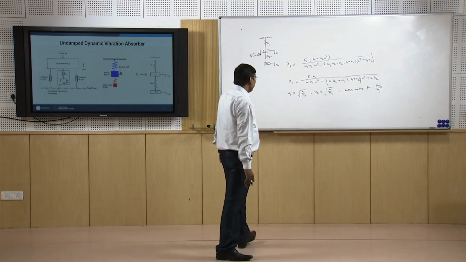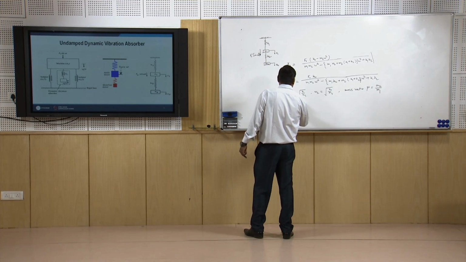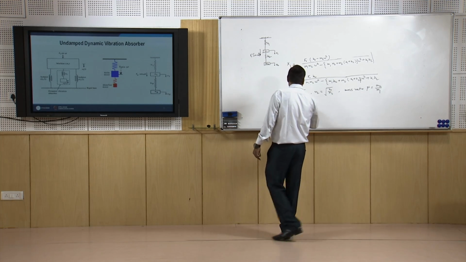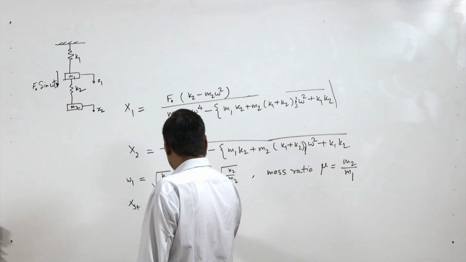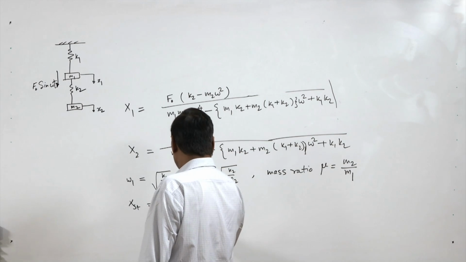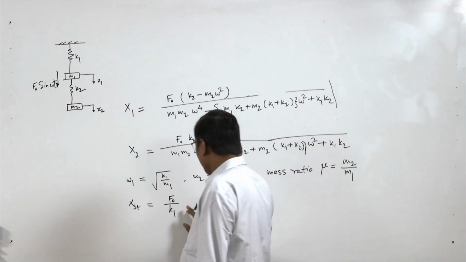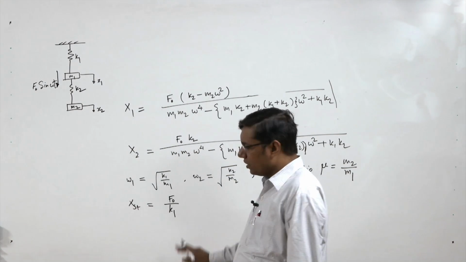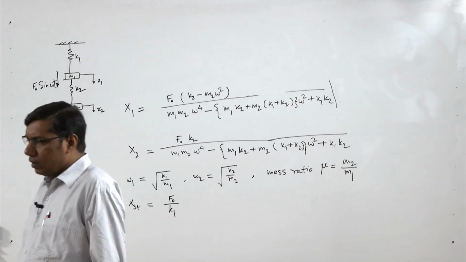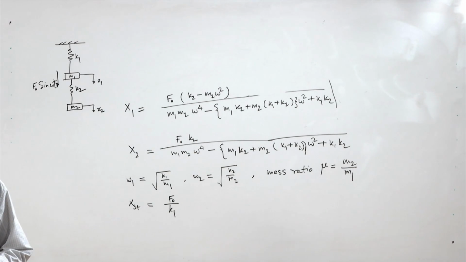Now we define one more term, x st. So x st is defined as the zero frequency deflection of the main system due to the force F0, that is the zero frequency deflection.